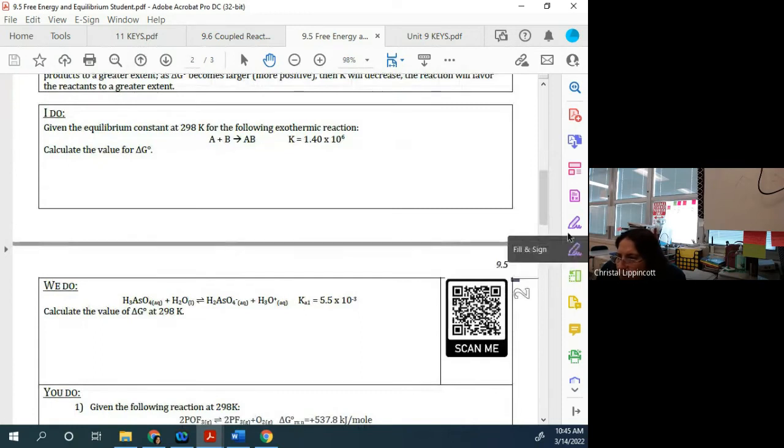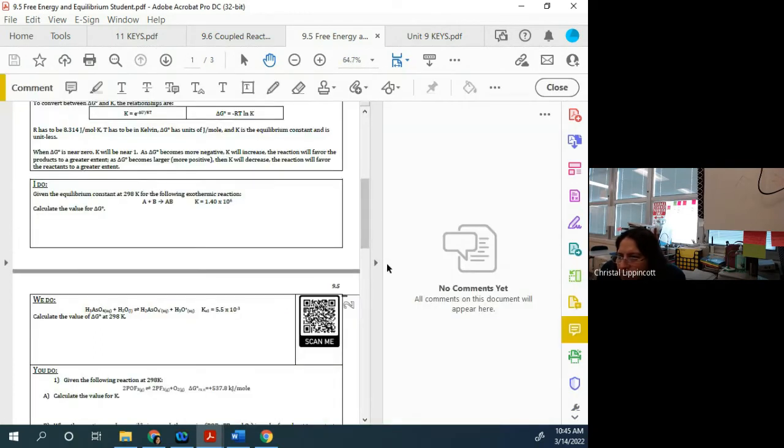All right, so our equation for this is the rat-link equation.